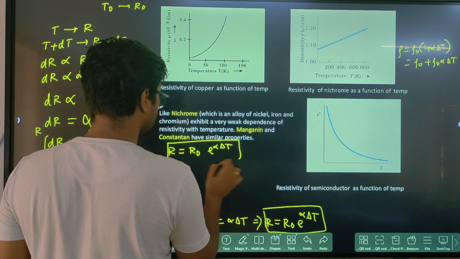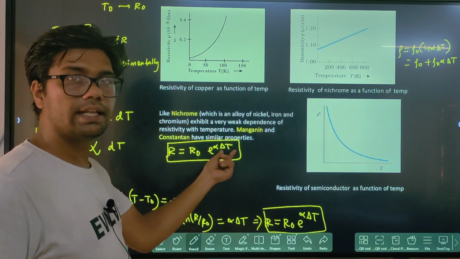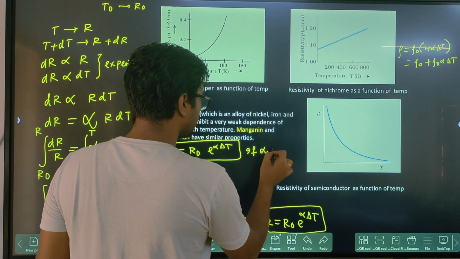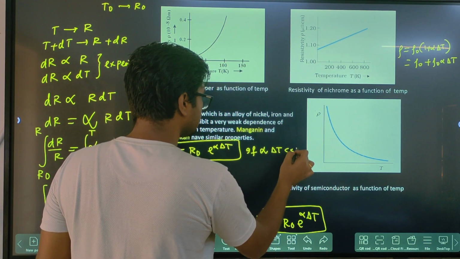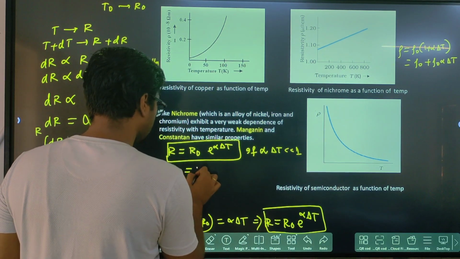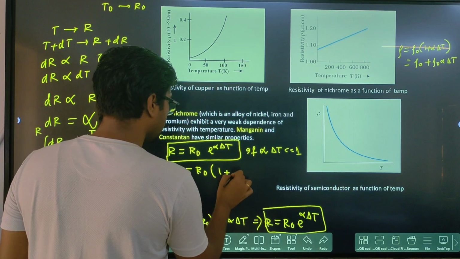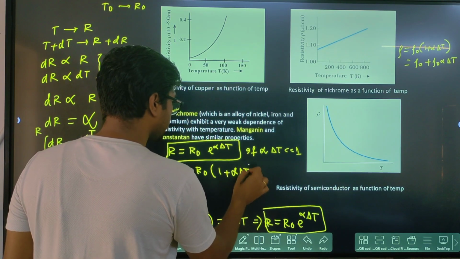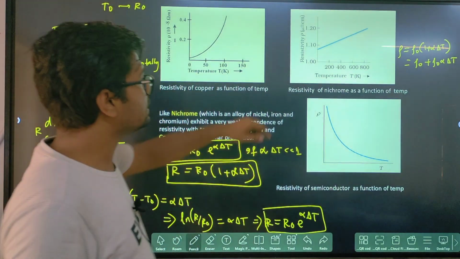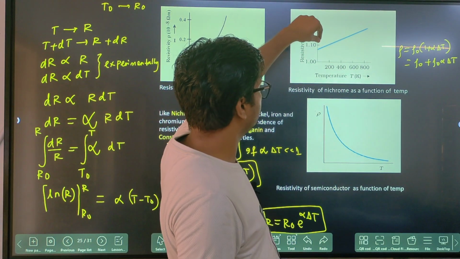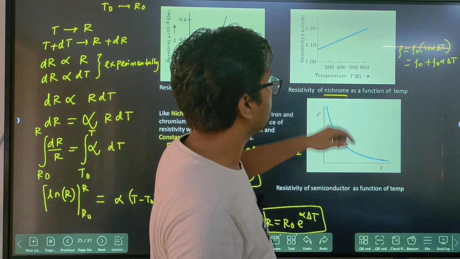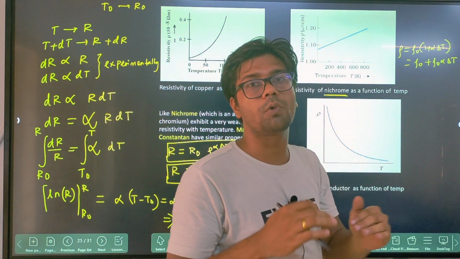If alpha delta T is very small, so if alpha delta T is less than 1, it's a very small number, you can write R equal to R naught into 1 plus alpha delta T. For this type of material, this is basically nichrome. For nichrome, the alpha delta T is very small.